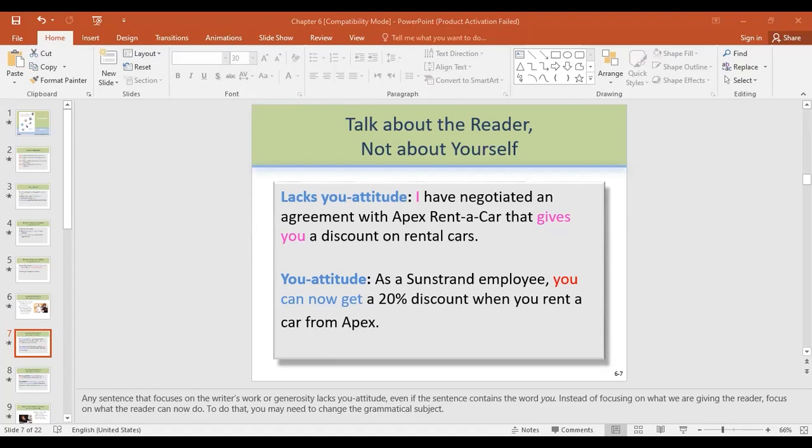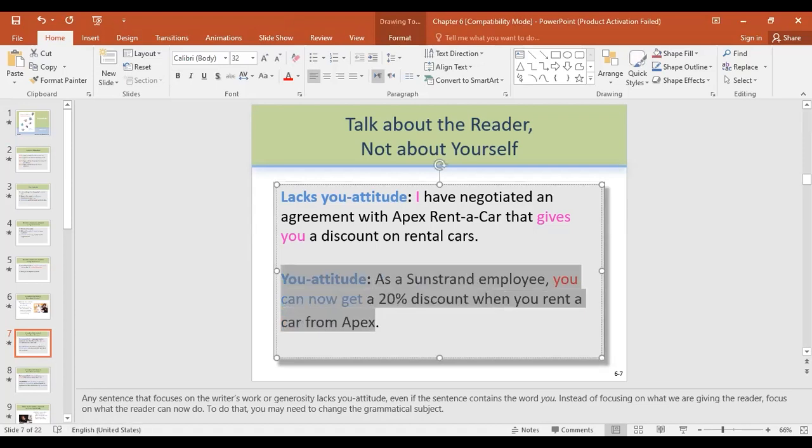The reader is looking for the benefit, he's expecting the benefit from you. To do that, you may need to change the grammatical subject. From the two situations, we can see which one is correct: of course, the second sentence.